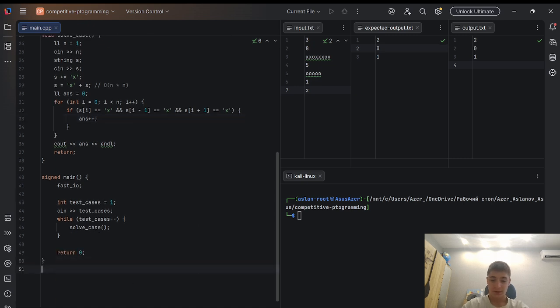I don't really know how we are going to treat this. There are three of them. I'm done, I don't really know. Let's check it out. I don't think it could work at all, but okay.